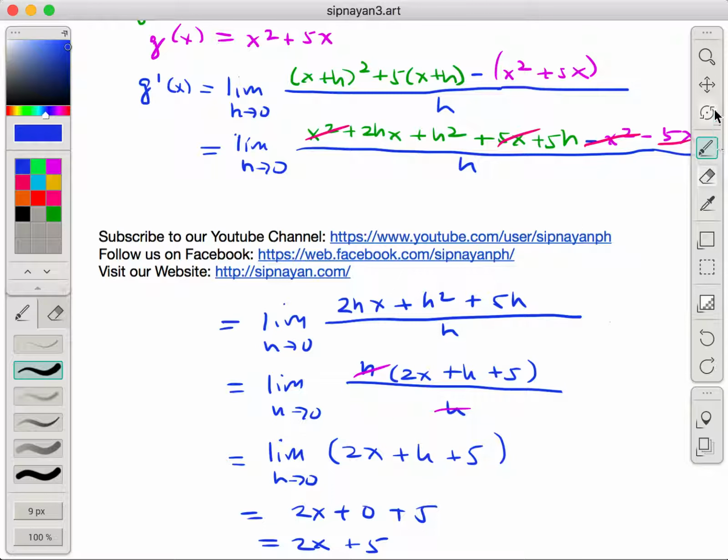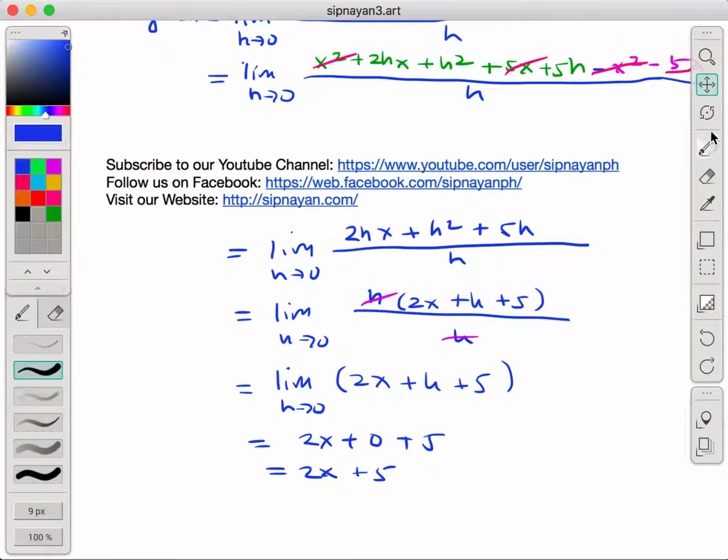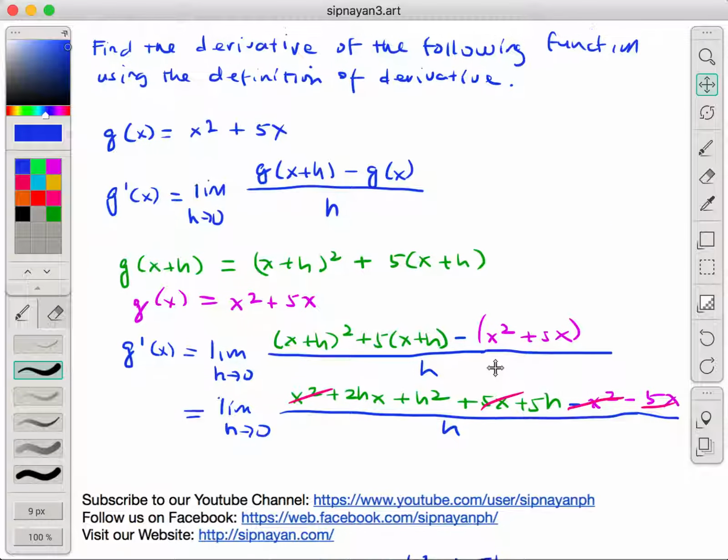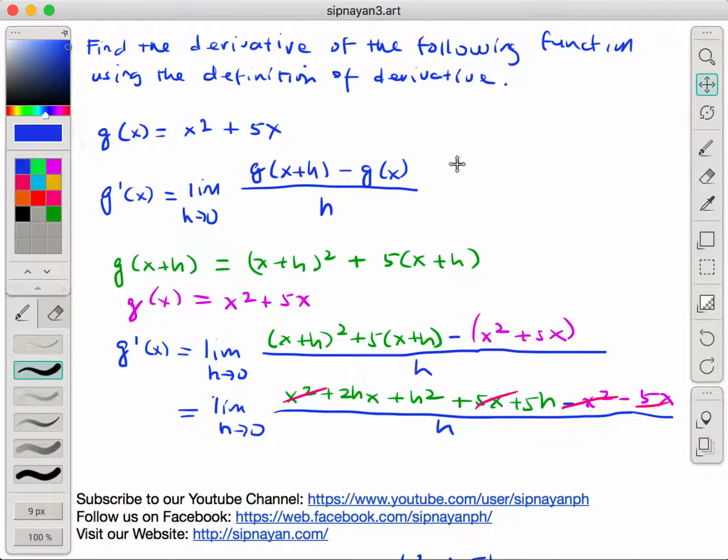So this is our g prime of x, or the slope of g of x. Again, this is the slope of the function, the slope of g at x. So g prime of x is equal to 2x plus 5. This is the slope of our function.